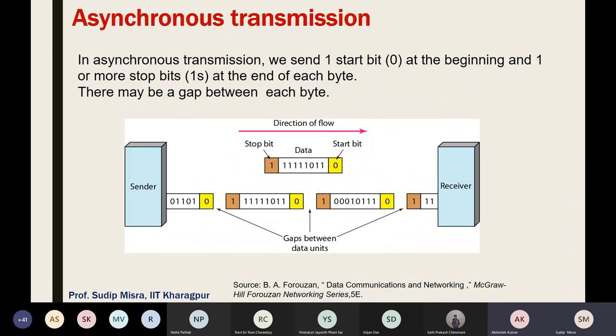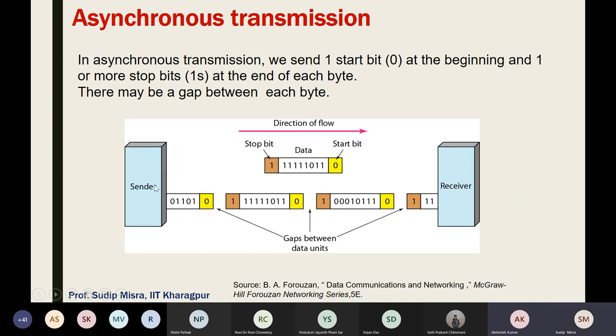So let us try to understand how this can be done. One of the ways is asynchronous transmission. In asynchronous transmission, there is the concept of the start bit and the stop bit. Between the start and the stop bits, the actual data to be transmitted will be there.